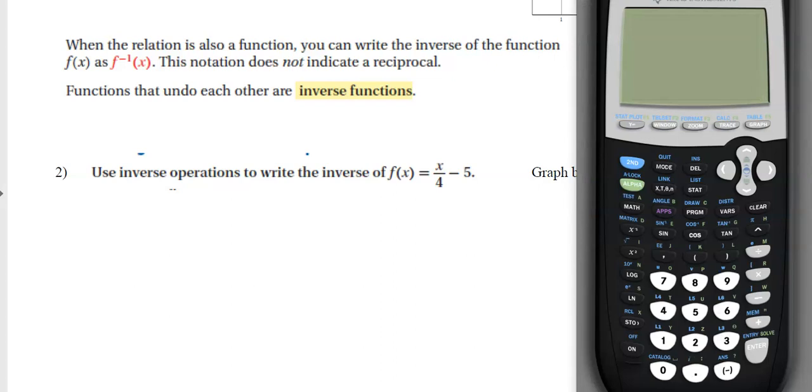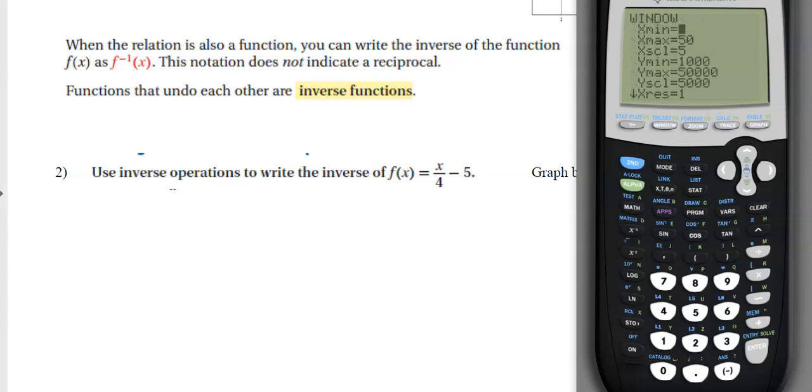Whenever I graph inverses, I want to start off by putting y equals x on there, because that's going to be our comparison line to see if it's symmetrical like it's supposed to. So I put y equals x, and I'm going to put y equals parentheses x divided by 4, subtract 5, slap that in there. And then the inverse that I came up with was 4 times parentheses x plus 5. And we're going to test this and see if it works.